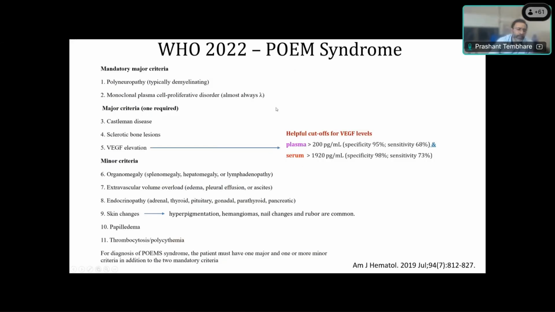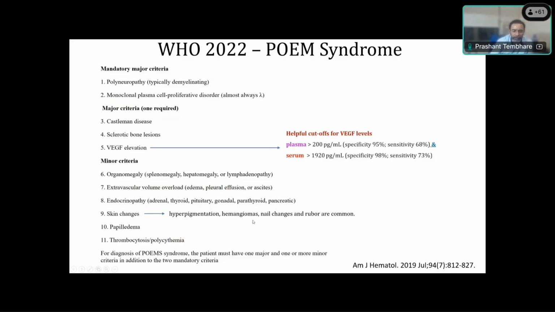We do plasma and serum both. Then you have other criteria categorized as minor criteria, which include organomegaly, such as splenomegaly and lymphadenopathy. This patient has retroperitoneal pelvic lymph nodes. Extravascular volume overload: the patient had edema in the muscle region and pelvic region. Endocrinopathy: the patient has a higher prolactin level, and there can be adrenal, thyroid, pituitary, and gonadal involvement.